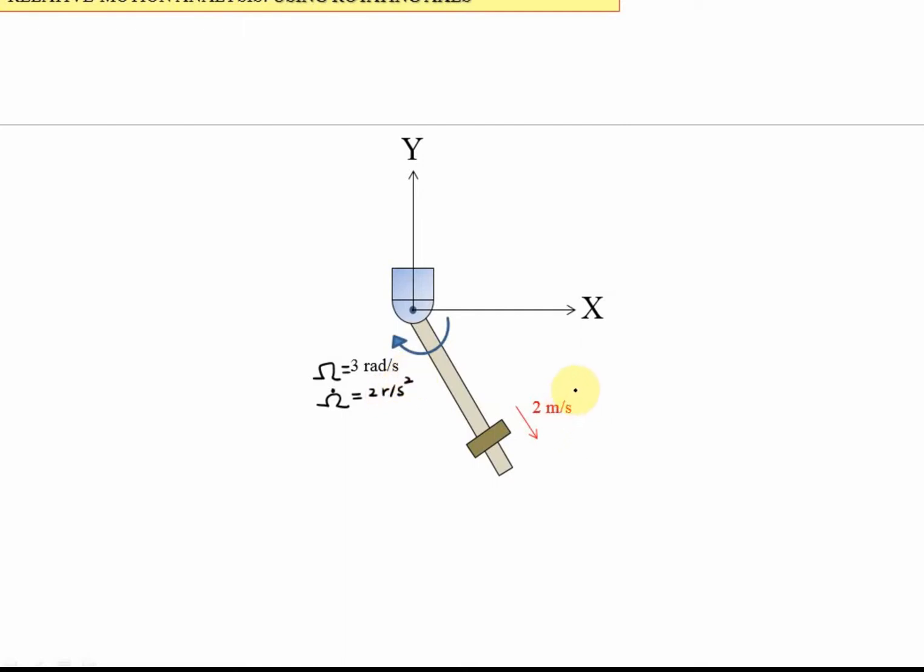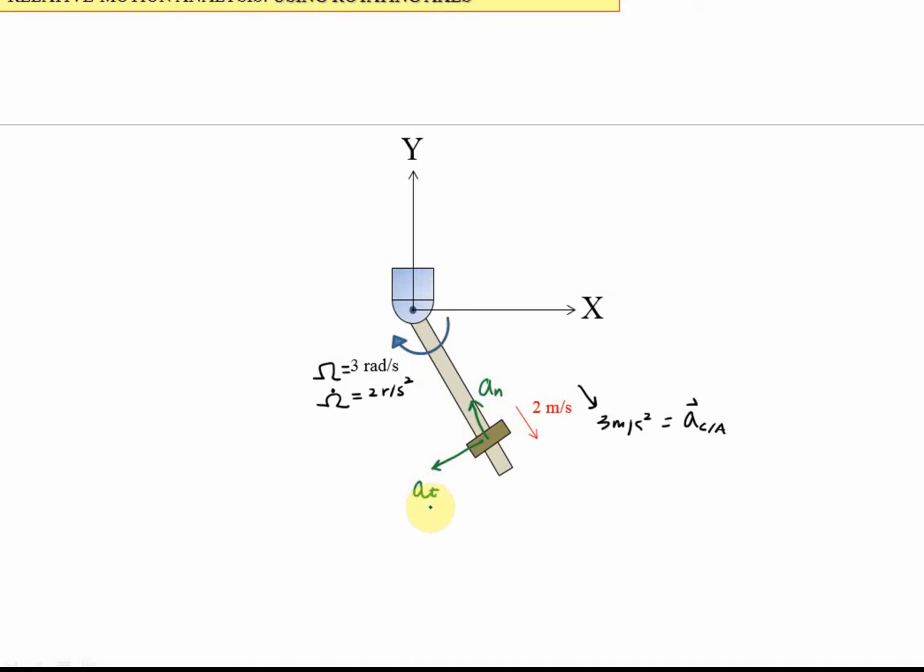And then this one too, we have 3 meter per second squared, and this is acceleration of C with respect to A. Then this rod is rotating, so there might be tangential accelerations and normal component of acceleration, right?